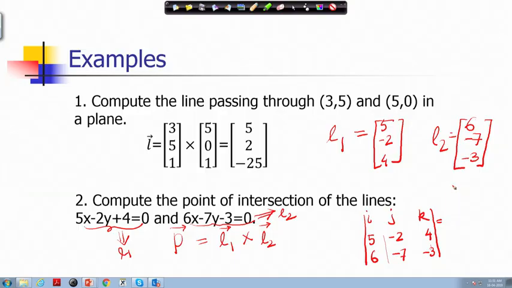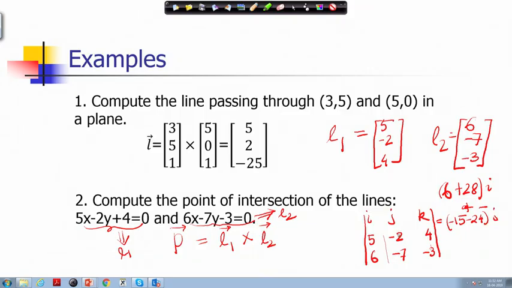I am doing it mentally, 6 plus 28 i, then minus, the middle determinant suppressing the middle column, it is minus 15 and then minus of 24. Okay.